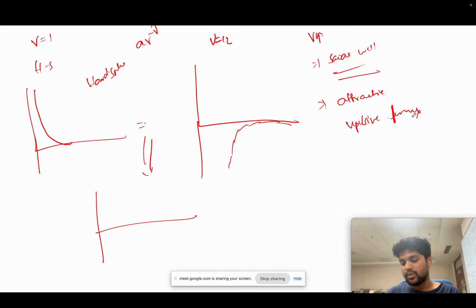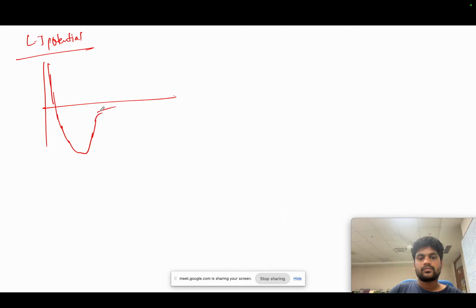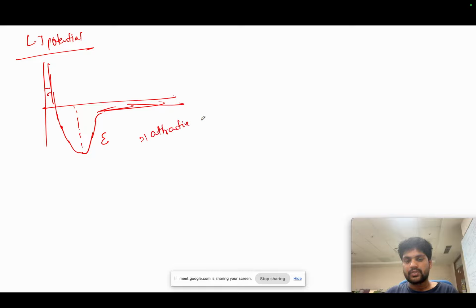To keep the two terms together, there is the LJ potential, which is the famous one, used in current days. So this is epsilon, and this is the sigma. Here we have both attractive and repulsive forces.